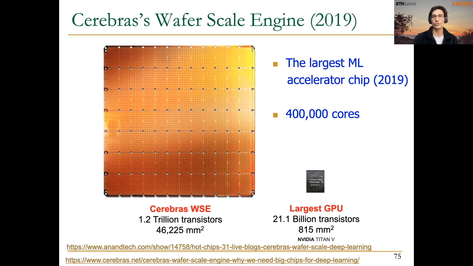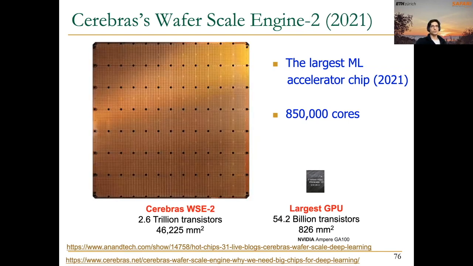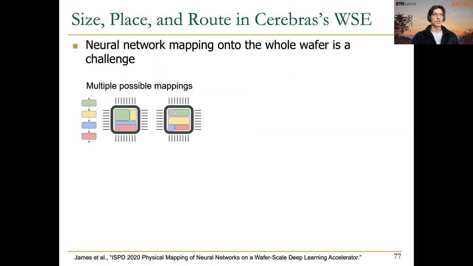This is the version from 2019. This is the newest version from this year, 2021, that is essentially twice as fast as the previous version, but still keeps being much larger in terms of die size, number of transistors, and peak computational power than the largest GPU.